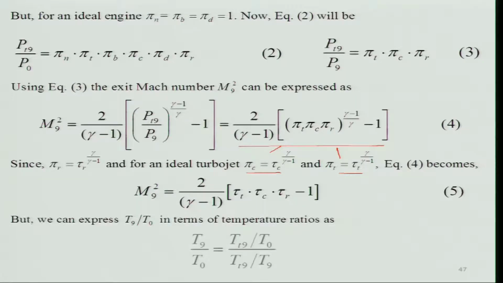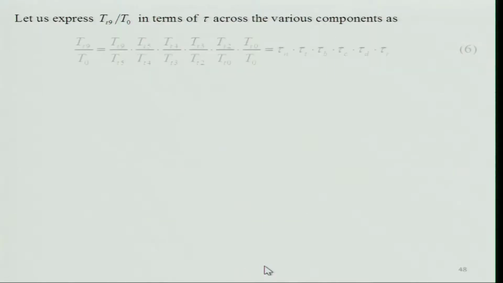So we will do the similar way of getting this T9 by T0. We can write T9 by T0 divided by T9 by T9. And we will go on doing all those things.